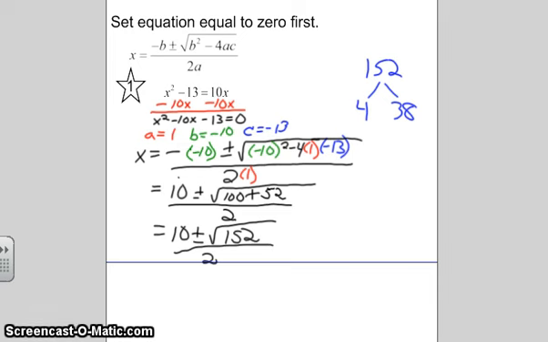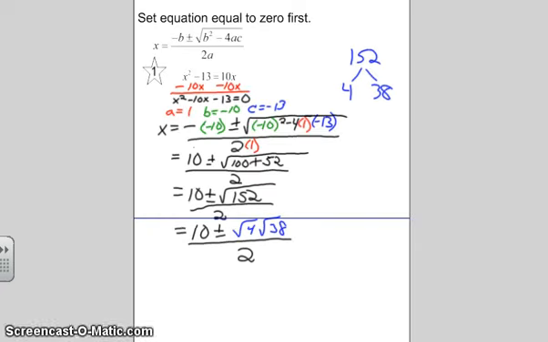38 is only divisible by 2 and 19, so 38 can't be simplified. So that's going to be my way to simplify the radical. So I've got 10 plus and minus, and now this is going to be the square root of 4 times the square root of 38, all over 2. Square root of 4 is 2.